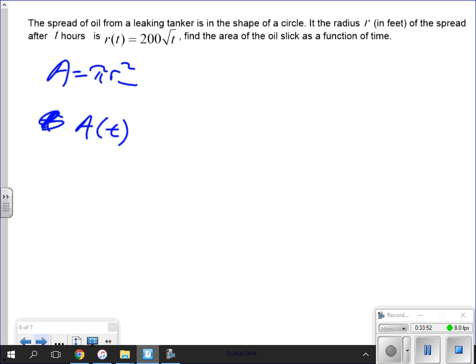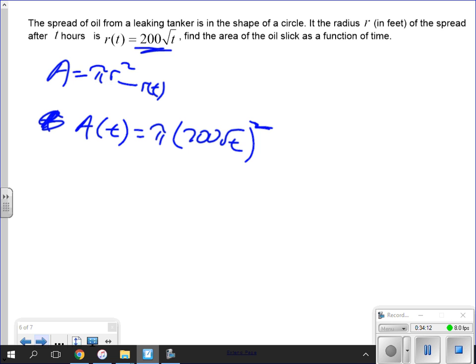I need to take r, replace it with r of t, and plug in that function there. So it's pi times 200 root t squared, because that's what the radius is in terms of time. 200 square root of t squared.